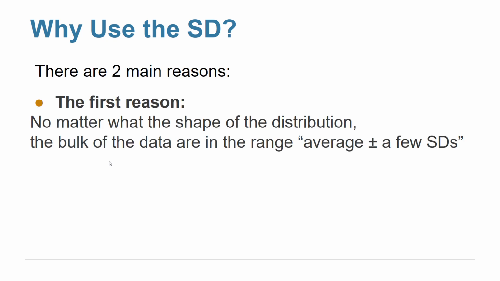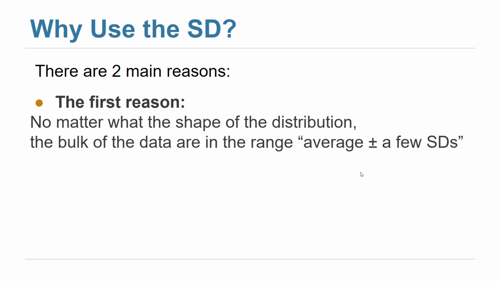The first one is that no matter what the shape of the distribution of the data is, the bulk of the data are in the range average plus or minus a few standard deviations. What is the meaning of this? That means that regardless of the distribution of the data, most of the data, that's the meaning of bulk, will be in a range around the average.